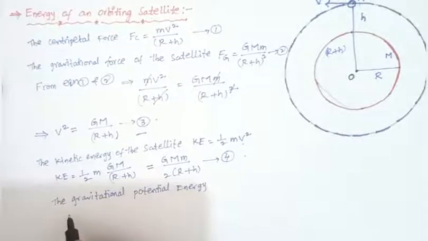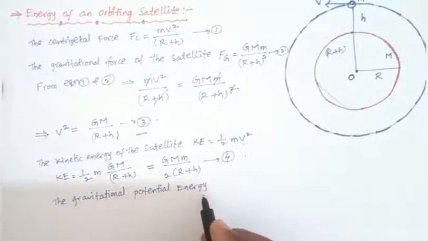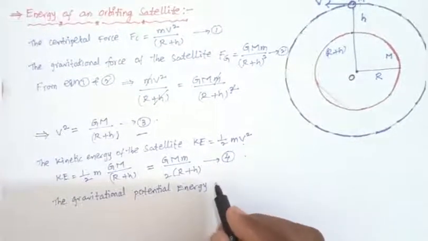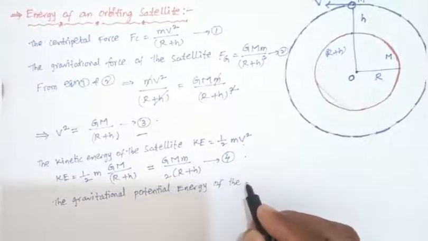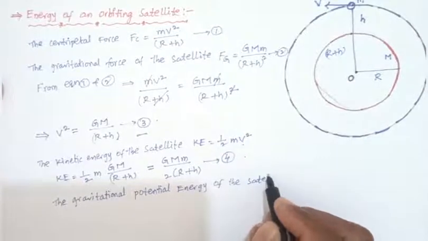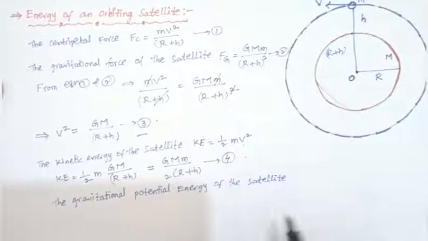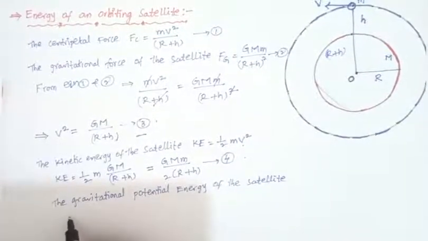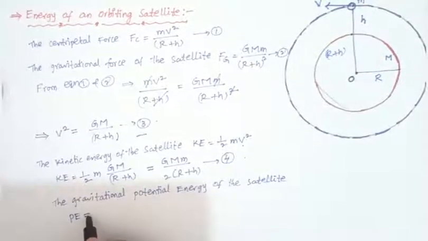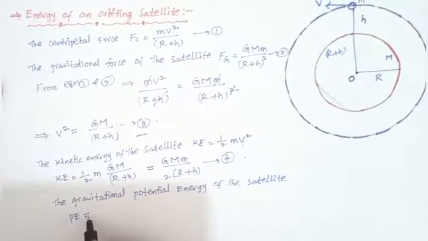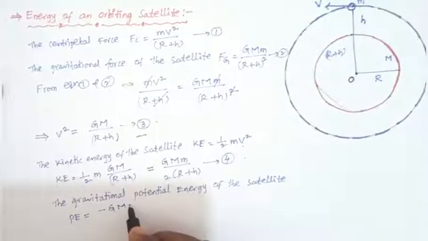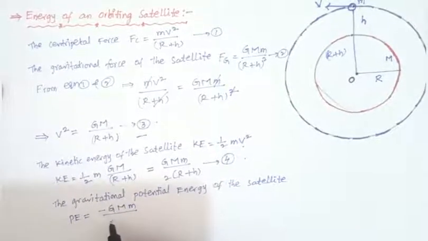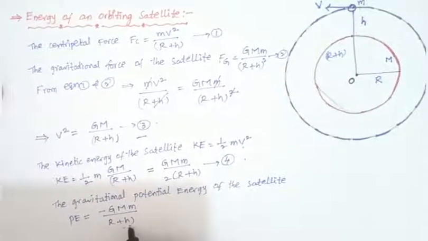The gravitational potential energy of the satellite, denoted PE, equals minus capital G capital M small m by R plus h.